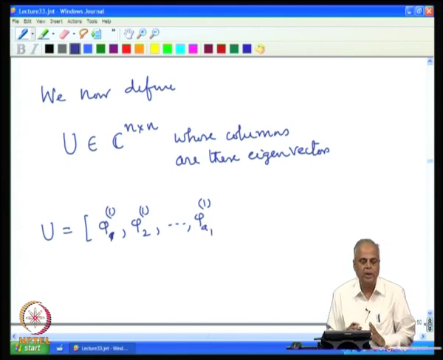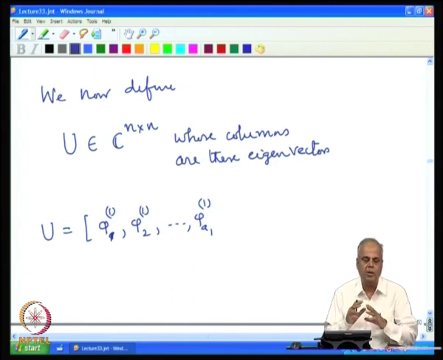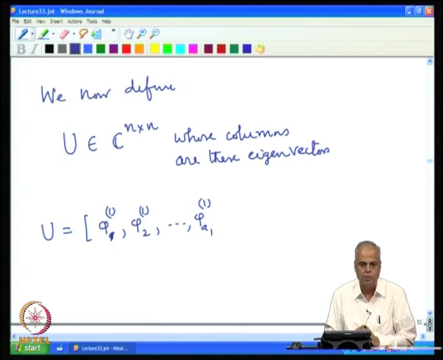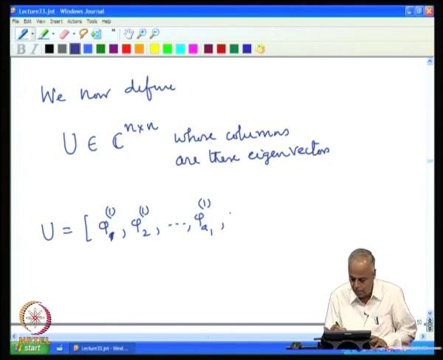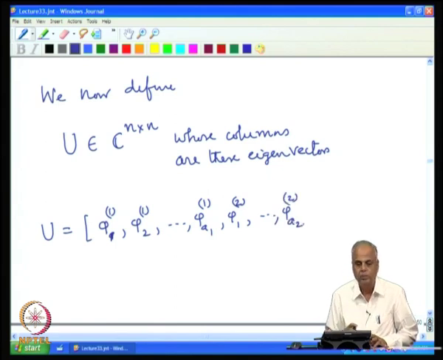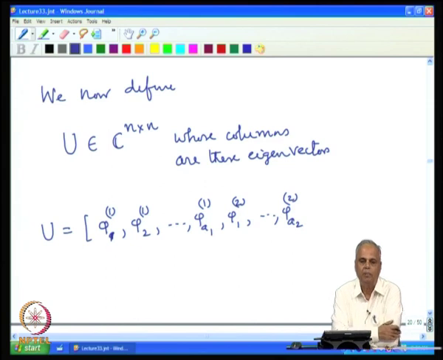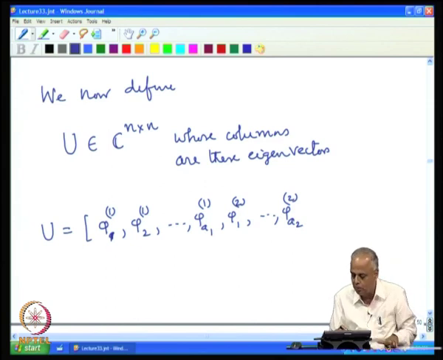There are A1 eigenvectors, we have applied Gram-Schmidt and we got A1 orthonormal eigenvectors corresponding to the eigenvalue lambda 1, and that we put at the first A1 columns. Then we put the eigenvectors corresponding to the second eigenvalue. The second eigenvalue multiplicity is A2 and it has A2 eigenvectors corresponding to it.